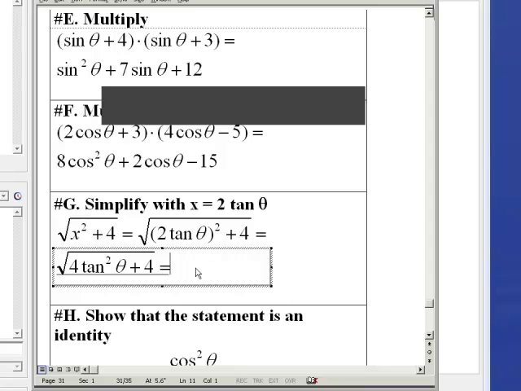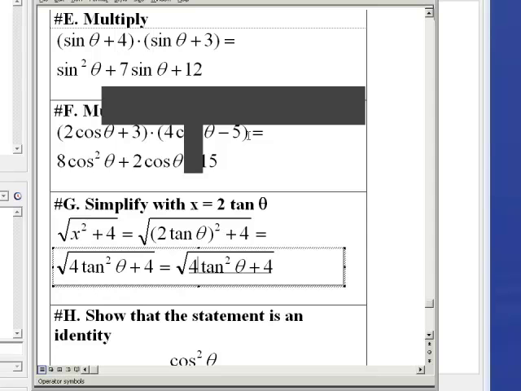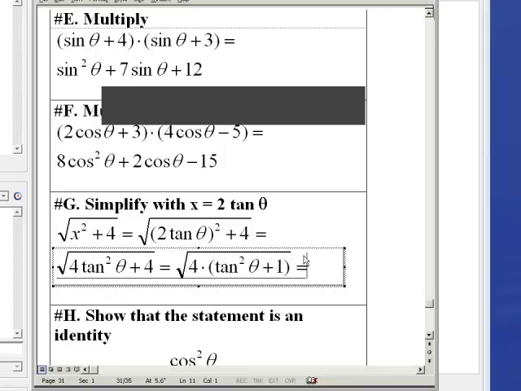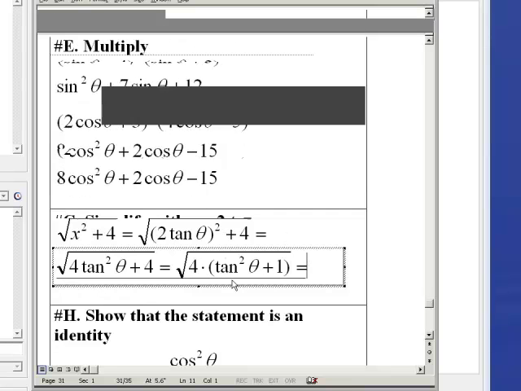Then I factor out the 4, and I'm actually using way too many steps here. I could have done this all in one step instead of 3. So I factor out a 4 times parentheses, and when I factor out the 4, what's left is tangent squared plus 1, and then I will again use a new line.